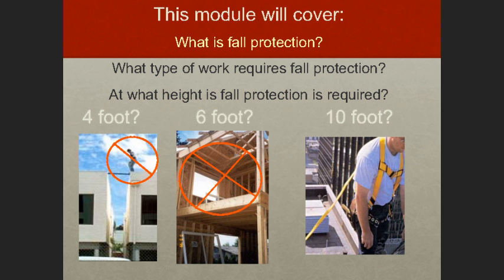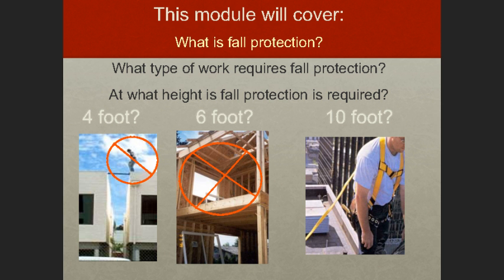Let's begin. What we aim to cover in this module is what is fall protection, what type of work requires fall protection, and at what heights is fall protection required. Now, many of you might have been exposed to different fall protection requirements in your careers. Some of you may say, well, when I worked for this company, it was 4 feet. When I worked for that company, it was 5 feet.